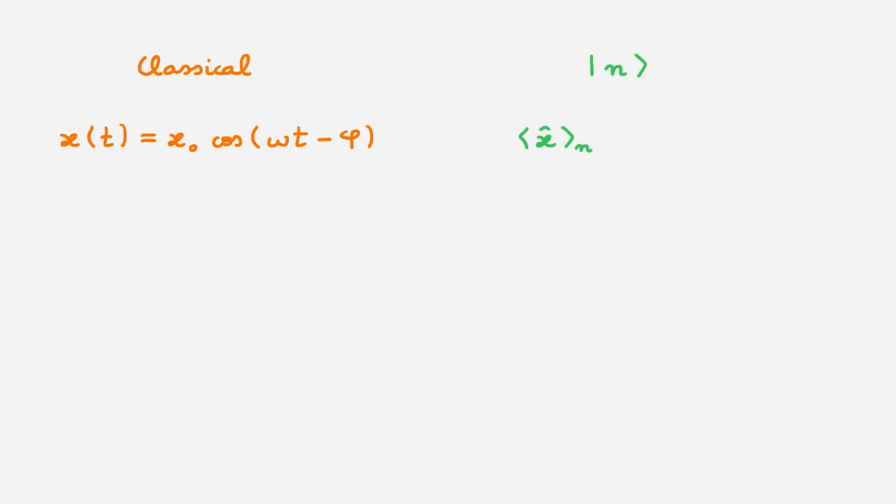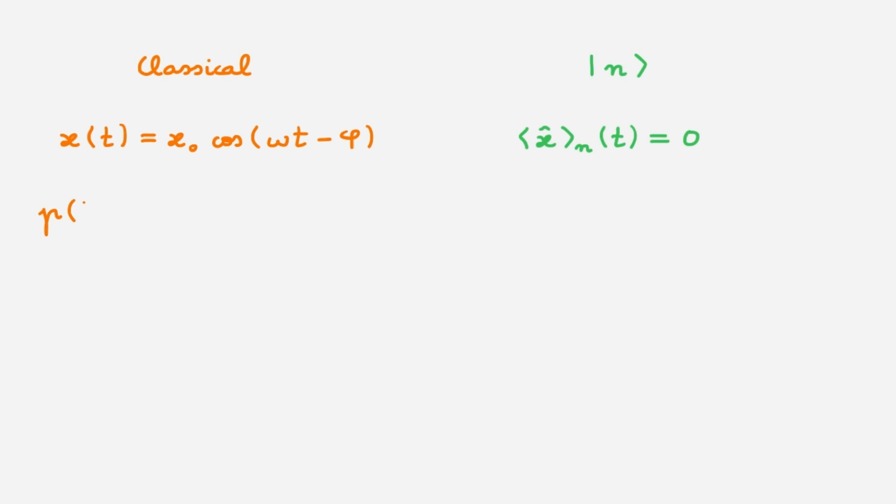So let's compare our two scenarios side by side. We have the classical case and the quantum harmonic oscillator in an energy eigenstate. The position of a classical particle in a harmonic oscillator changes according to a cosine, and the expectation value of a quantum particle in an energy eigenstate is always 0.